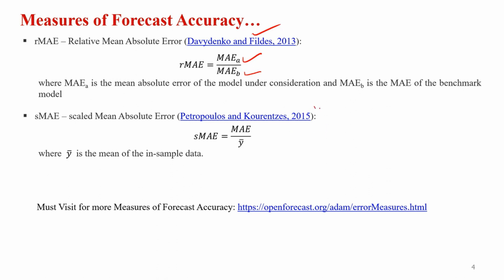In 2015 they gave us the scaled error, which uses the average in-sample errors of the data. That is how you can calculate the scaled absolute percentage error. You can check this particular link to see more measures of accuracy.